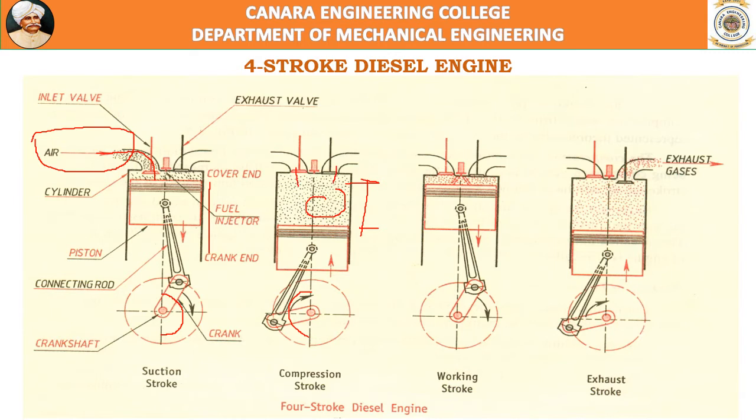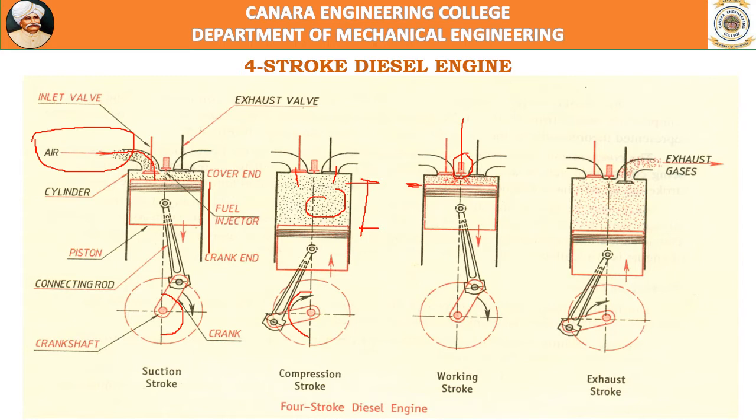At the end of the compression stroke, the piston is almost at the TDC. See, in place of the spark plug, there will be a fuel injector, a diesel injector, which injects the diesel at high pressure at the end of compression.